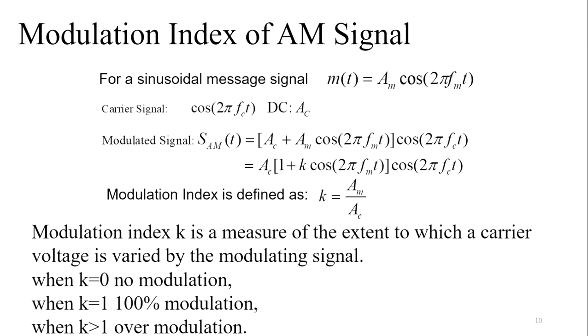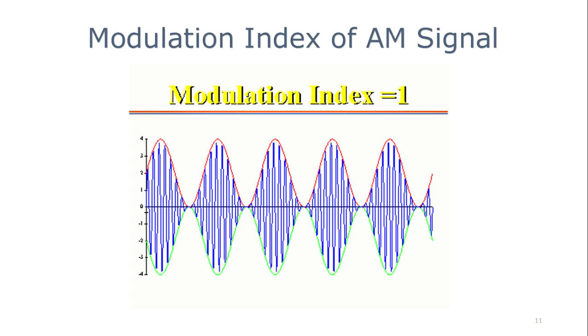When the modulation index is 0, no modulation occurs in the process. When K equals 1, that is modulation index equal to 1, 100% modulation is achieved. When K is greater than 1, that is over modulation, there is a discontinuity of the original signal, which is called signal loss.